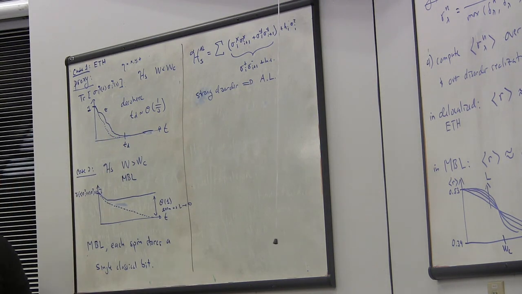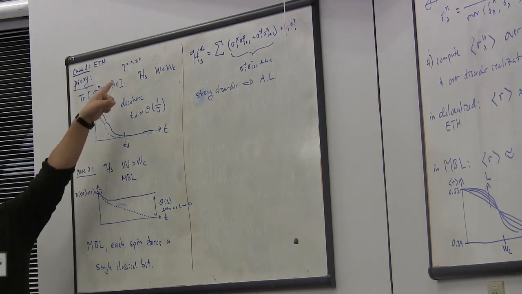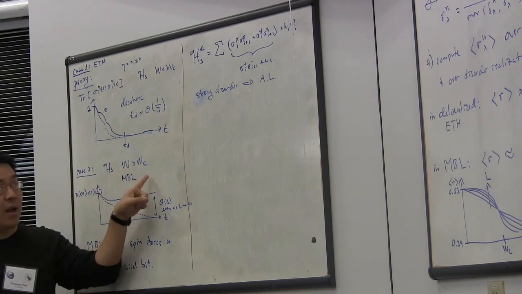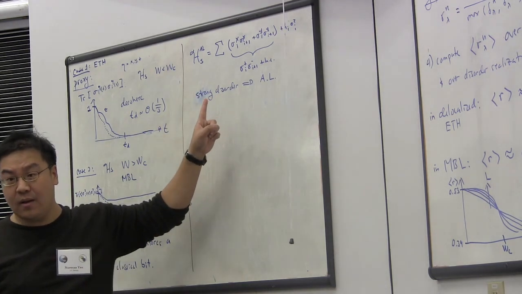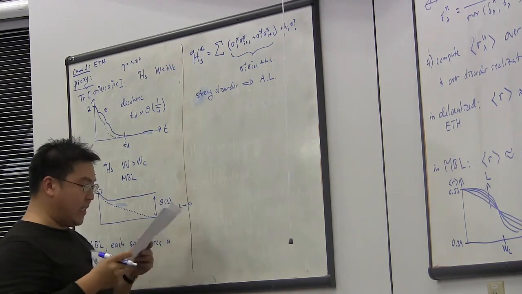So, 3 very simple Hamiltonians. The first was Heisenberg interaction, where the random field was weak. The second was Heisenberg interaction, where the random field is strong. And the third is Heisenberg interaction dropping the ZZ piece. These 3 Hamiltonians live in the ETH phase, the MBL phase, and the Anderson localized phase.